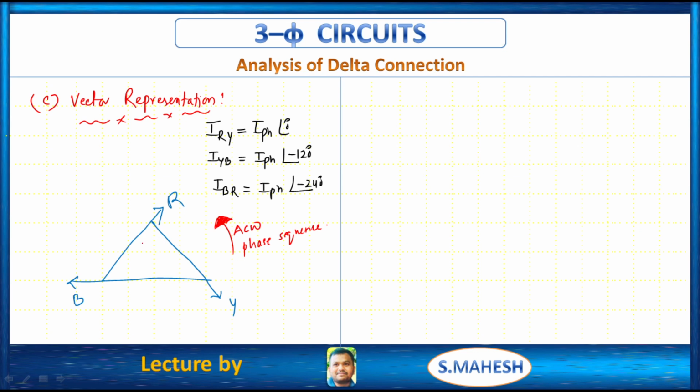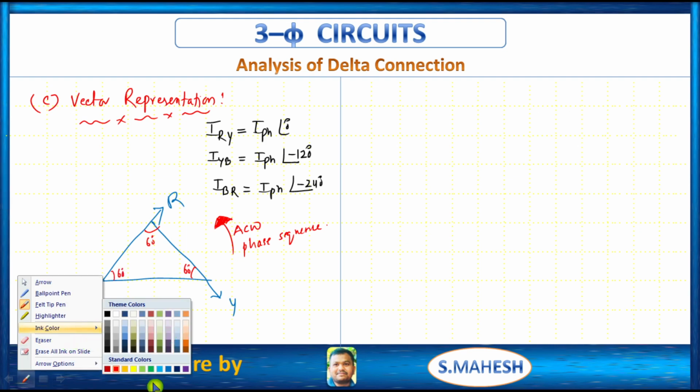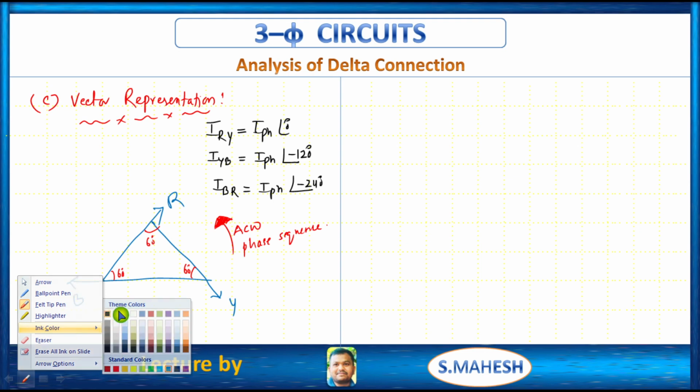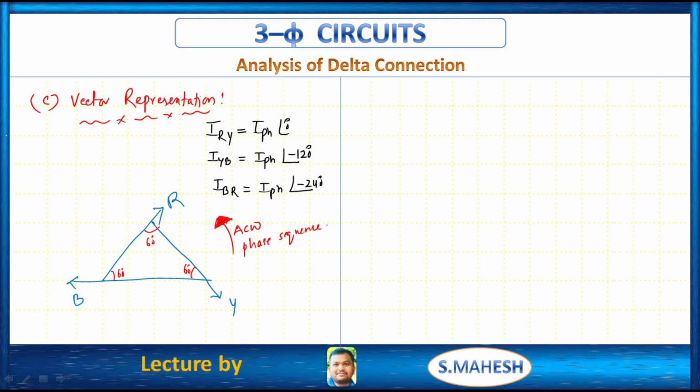Okay, the angle between these two is what? This is 60 degrees, 60 degrees, 60 degrees. But in this delta connection, it is very confusing, right? See, this is 60 degrees.